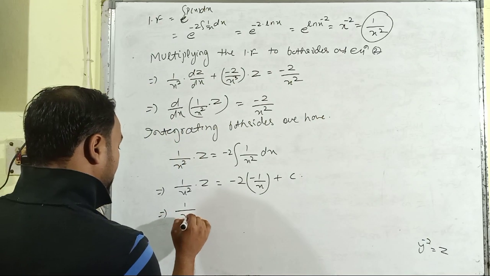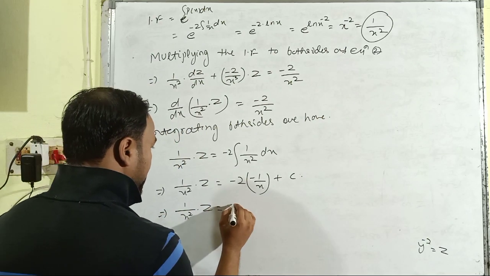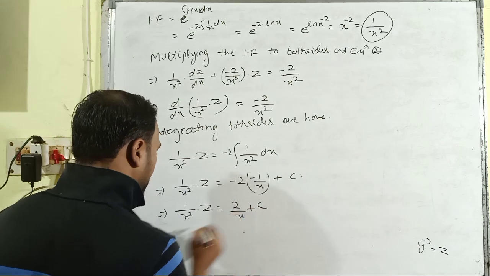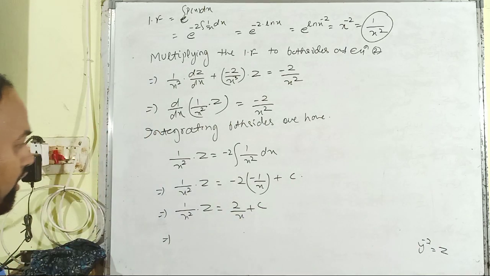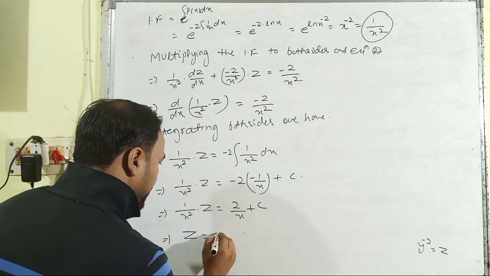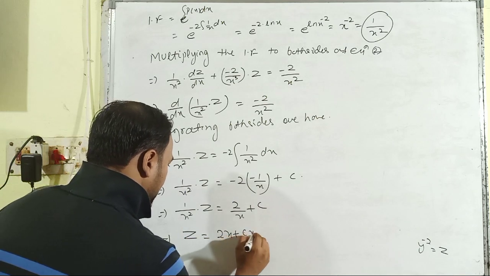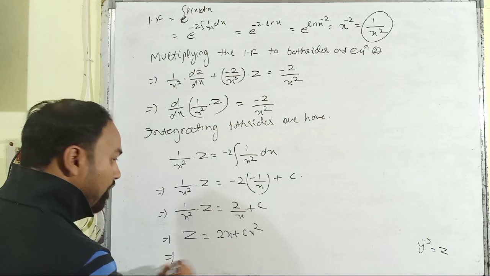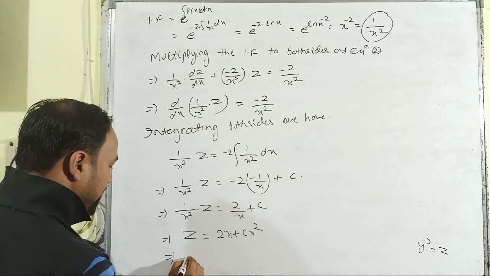Then 1/x^2 multiplied with z is 2/x + c. Then carrying this x^2 term towards the right hand side, we have z is equal to 2x + cx^2. But the value of z here is y^(-2).